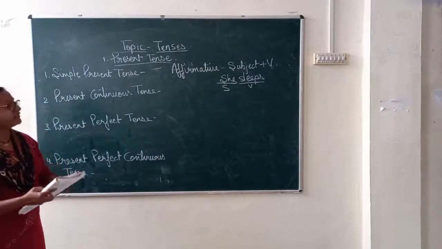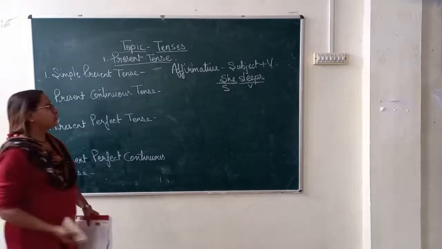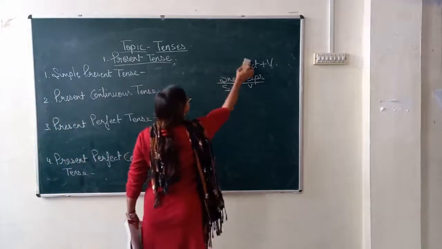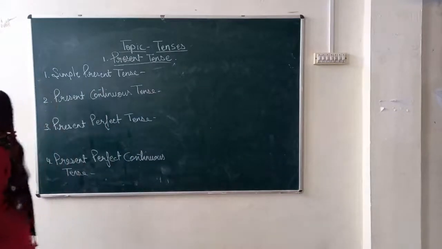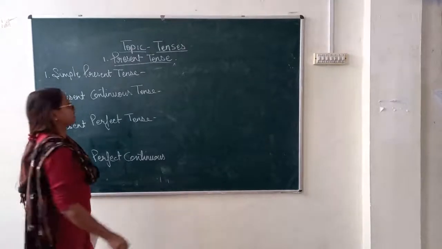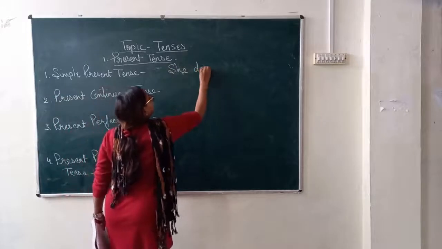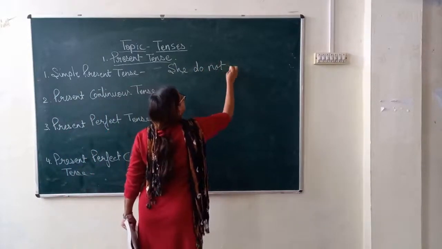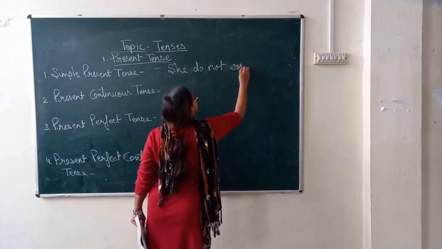Then comes negative sentences. How to frame negative sentences? Affirmative is your positive sentences, you can say in other words. And in negative sentences, you add do or does not. Like she do not work hard.